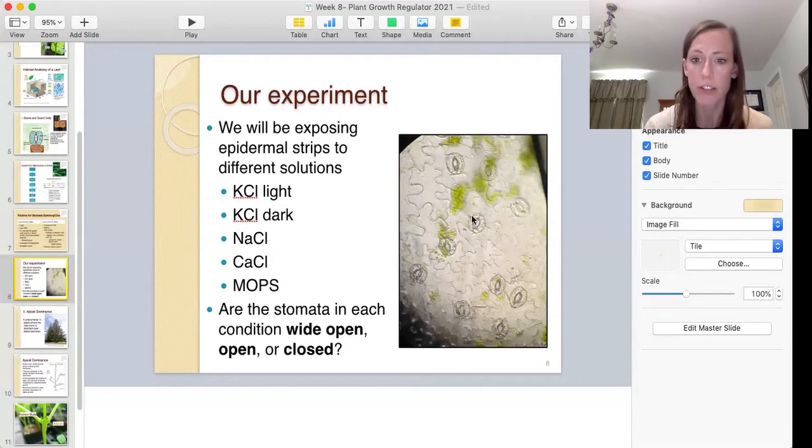And the guard cells are these here, 1 and 2, that surround and regulate the opening of the pore. So we're going to take a look to see how many stomata are wide open, open, or closed when placed in the various solutions. And we're going to compile that data and take a look at that in more depth.